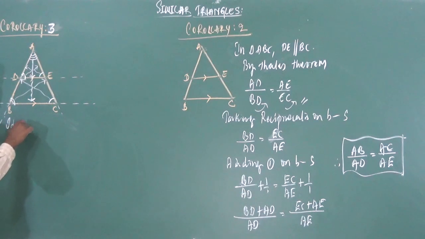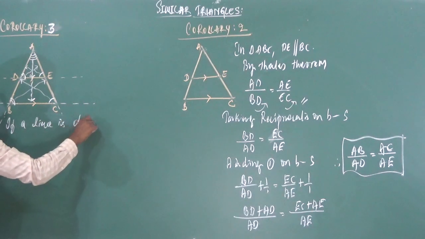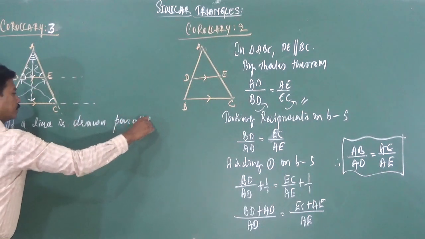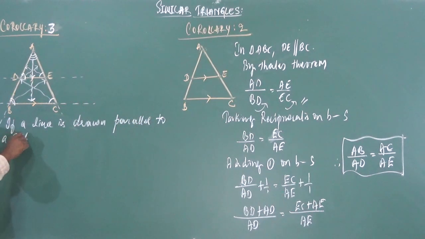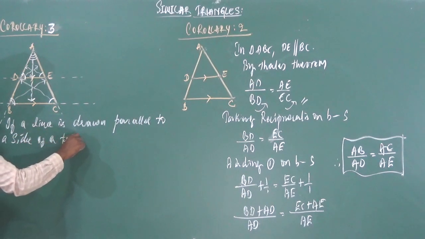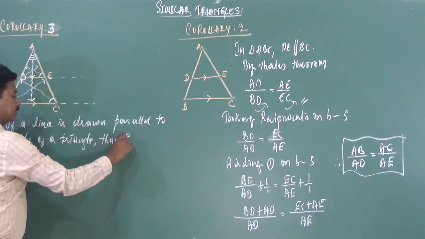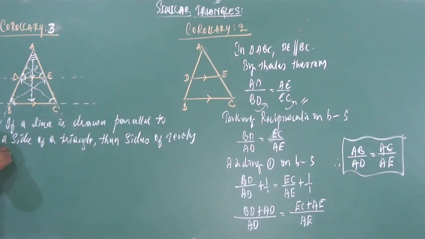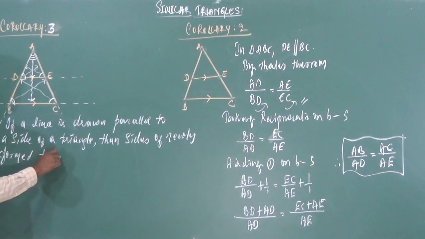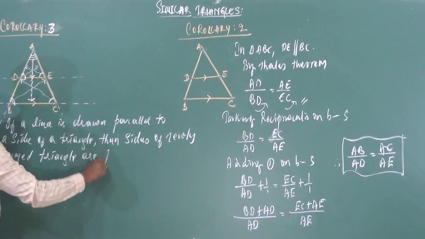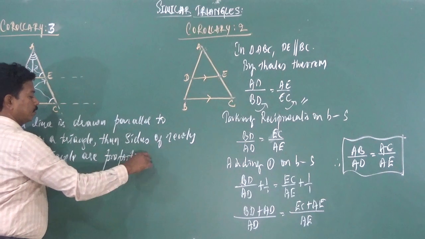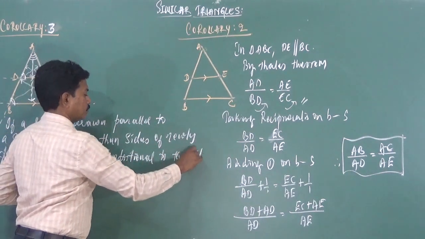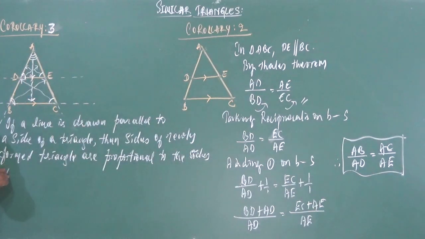If a line is drawn parallel to a side of a triangle, then the sides of the newly formed triangle are proportional to the sides of the given triangle. So this is corollary 3.